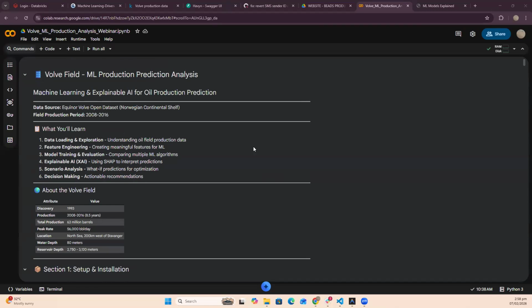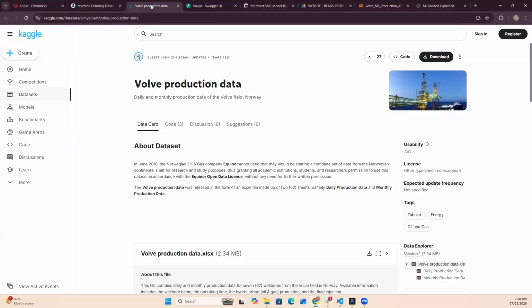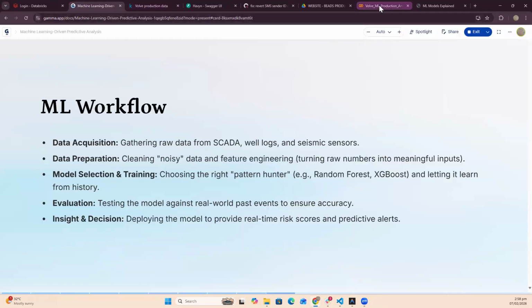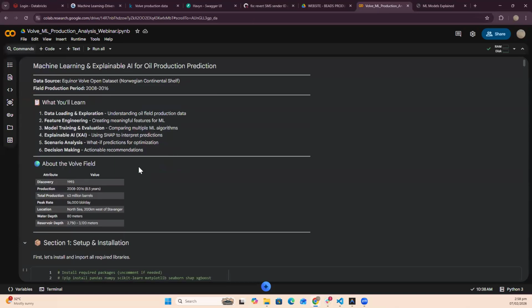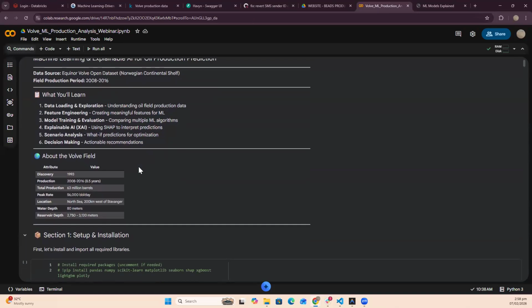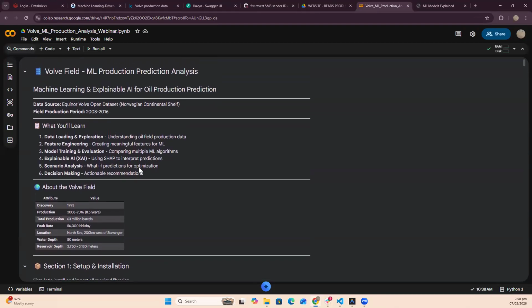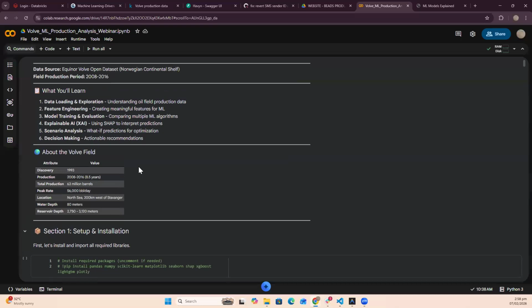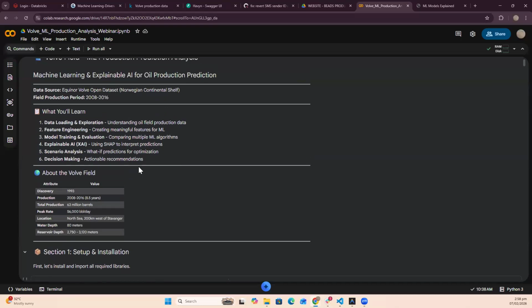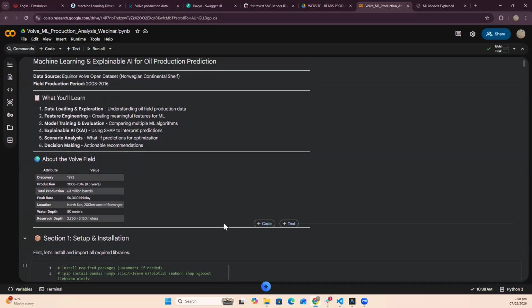We are taking one dataset from Kaggle. This is the Volve production data. This is a field that was discovered in 1993, and the field had production from 2008 to 2016.